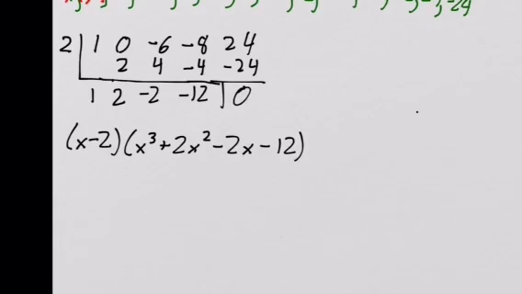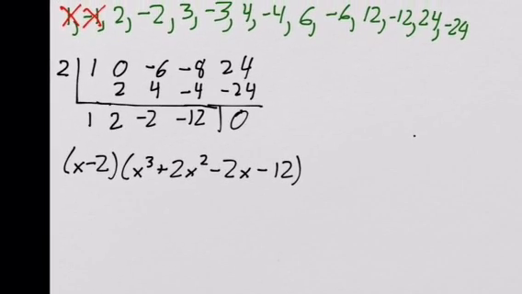Well, now to look to factor this further, I'm going to go ahead and just check for factors of this. I'm still going to look at the same list I have now, except I can now also eliminate 24 and negative 24 because those are not factors of 12.